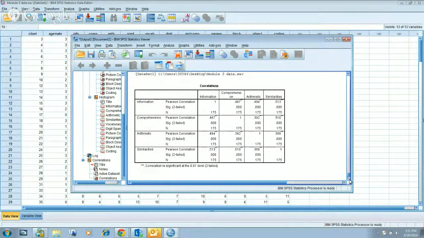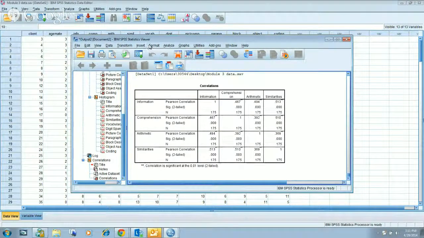So here we have all positive relationships. Anything with a double asterisk is a positive correlation, and that's significant at the 0.01 level. So arithmetic and information and comprehension are positively correlated, information and arithmetic as well, etc.